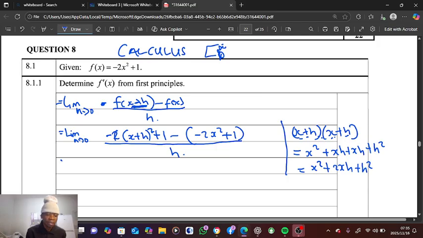So this is the same as the limit as h approaches 0 of -2(x² + 2xh + h²) + 1.